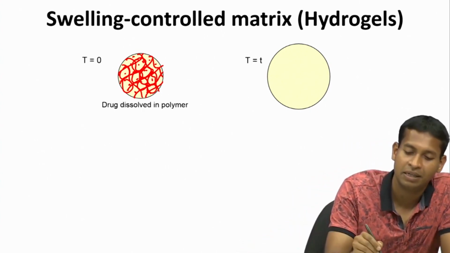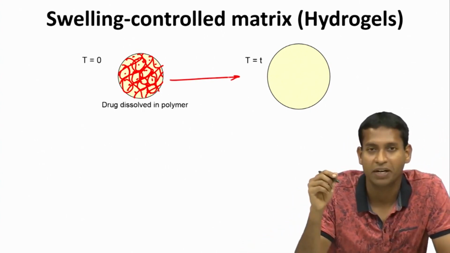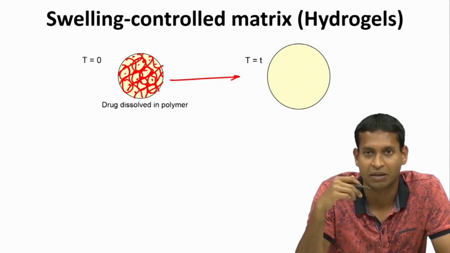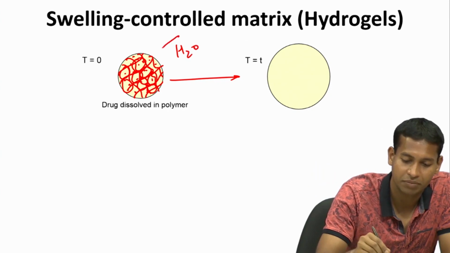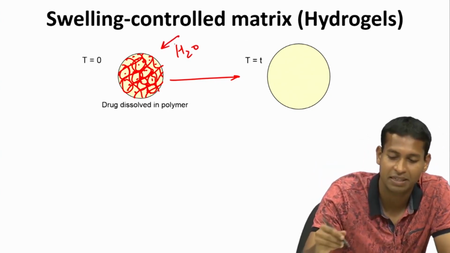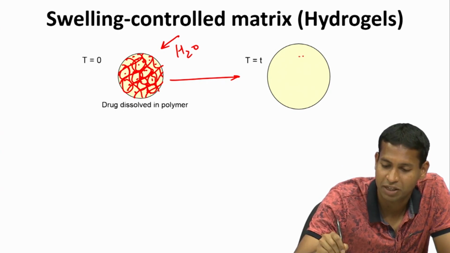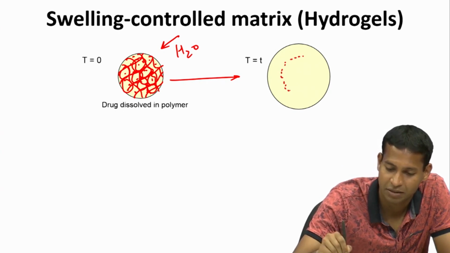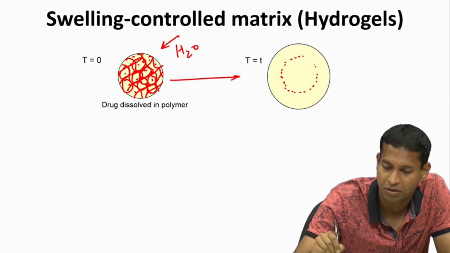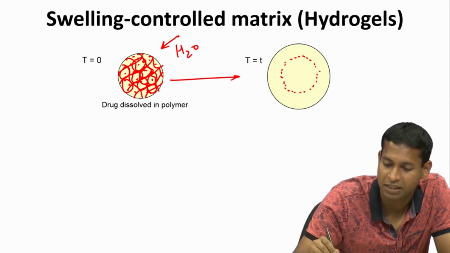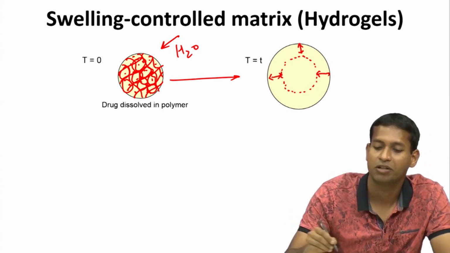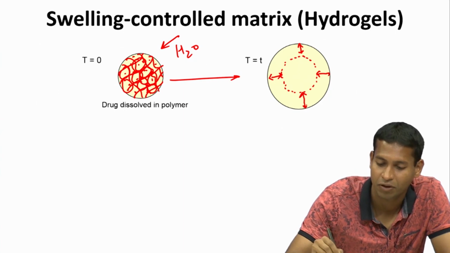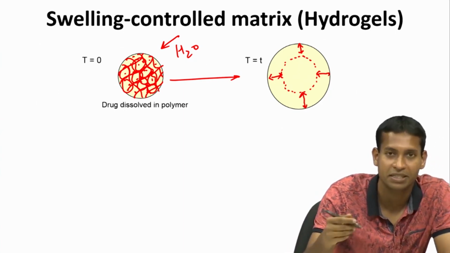But once you put this in a solvent, as we said the hydrogels are capable of swelling, it is going to start absorbing more and more water into the system, and as it does that it will swell. So, maybe the initial shape was like this, but now it has swelled in all directions, and because of this swelling the gaps between the polymer chains are going to increase.